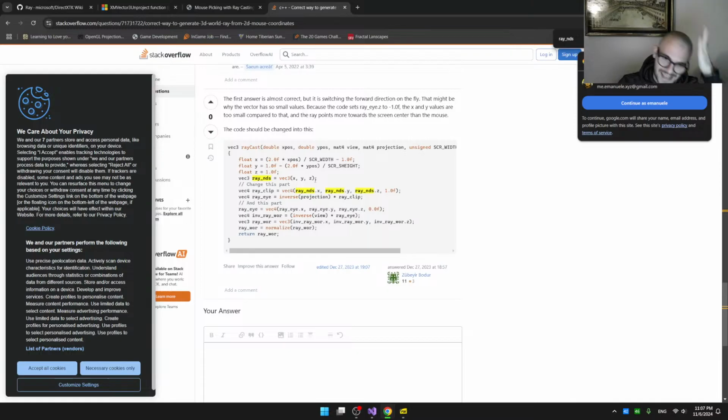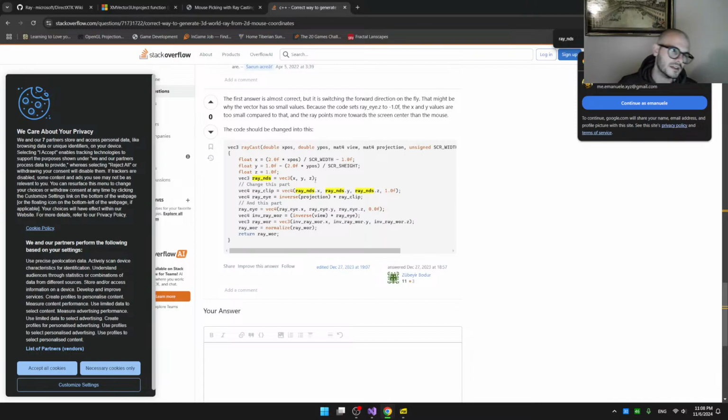Because it's the Z, obviously it's the Z, sorry. Obviously it's the Z. But the W. So the clip space, because that is clip space, okay. Then you simply transform the clip space using the inverse of the projection.